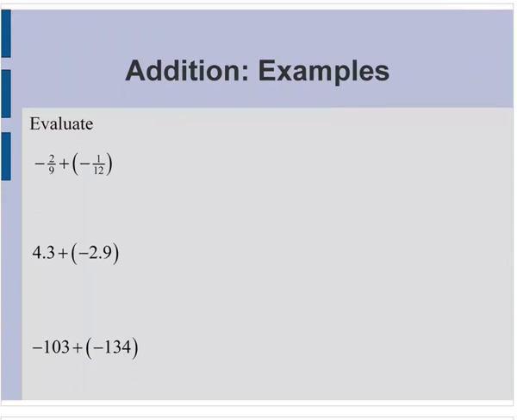So here are some more examples. Now would be a good time to pause and try these on your own. -2/9 plus -1/12. All right, let's find the LCD for 9 and 12. It would be 36. Building up the first fraction by a factor of 4 would give negative 8 over 36.